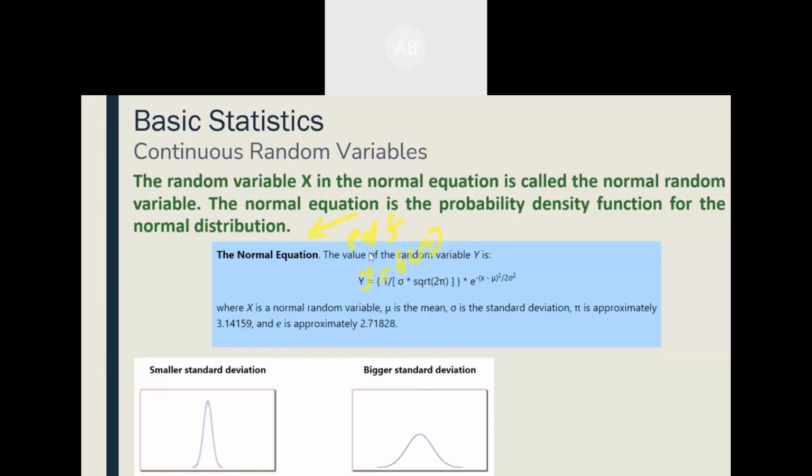So these are some of the basic things which you should brush up on before we go for the application areas of these statistical parameters in GIS.